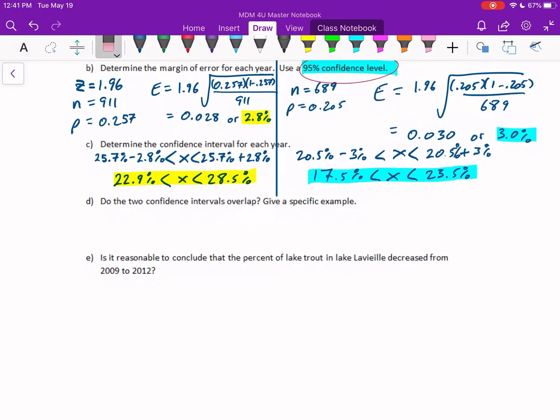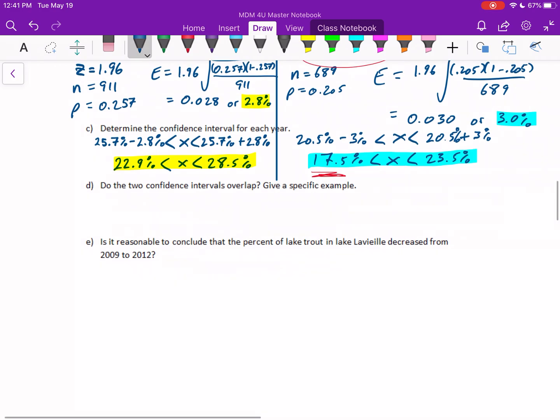If you don't know what I mean, it should be clear in a second. Let me take the lower value here. That's the lowest value we have, right? 17.5. And that went up to 23.5. What I was going to represent with that is a range.